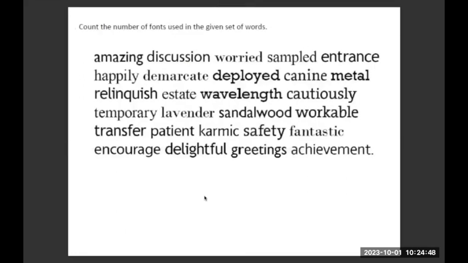What you have to count here is the number of fonts which are used in the whole bracketing. You have to count the number of fonts used in the given set of words.